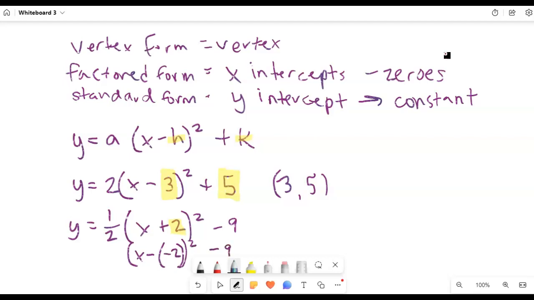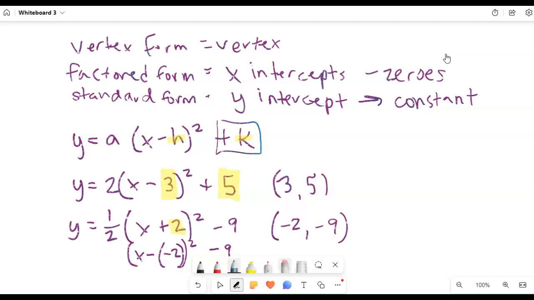And then the minus 9. This is outside, remember, so this is being subtracted from. It is not being multiplied. It is being added or subtracted here. And so then this will be (negative 2, negative 9). That is our vertex. All right? So you're not doing any calculating here. You're looking at vertex form to determine what the vertex is.